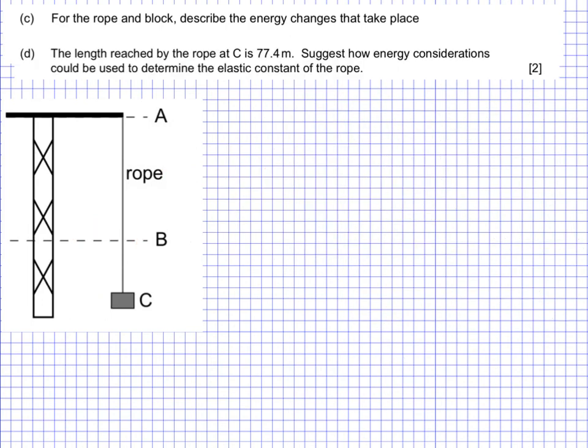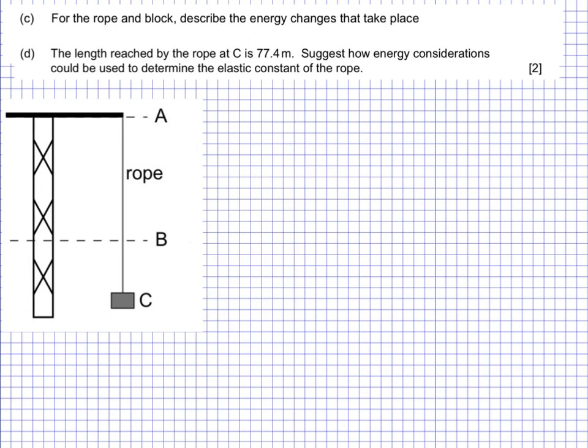Okay, and the last part, this is part D, we're sort of hypothetically now suggesting how could we find out the elastic constant if we're given the total stretch in the rope, 77.4.